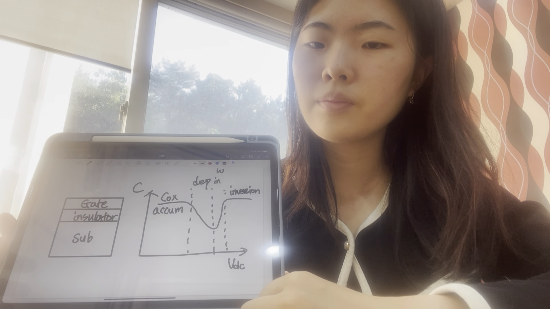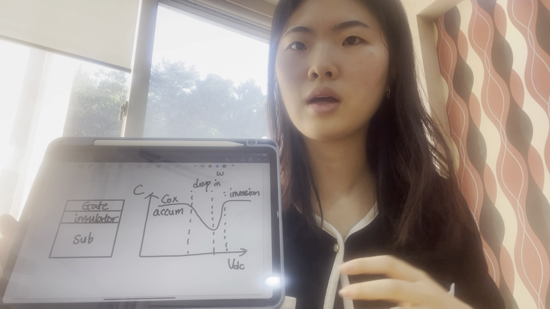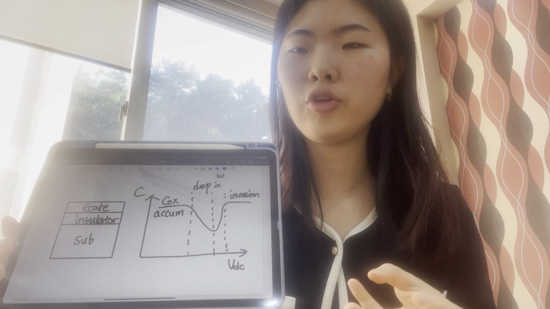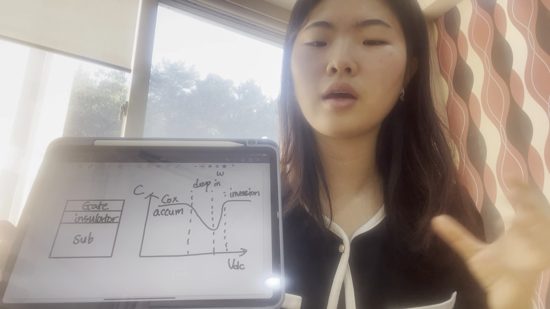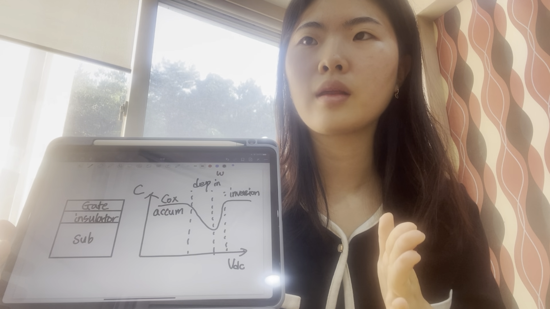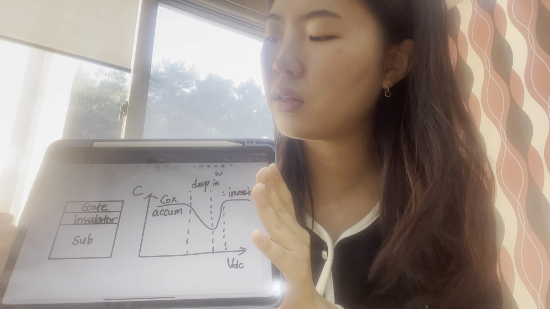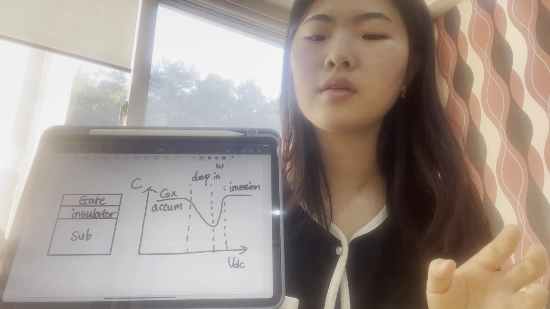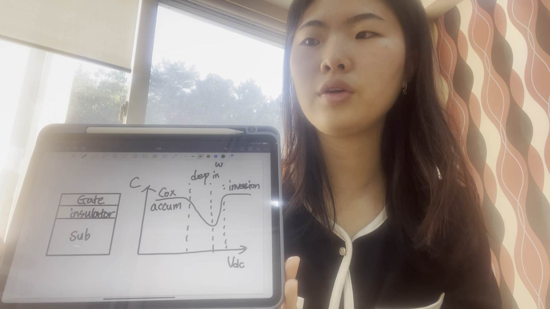Then the carriers gathered a lot. The intrinsic characteristic can be changed because the opposite carriers gathered a lot at the wall at this region. So it changes the MOSFET intrinsic characteristics.